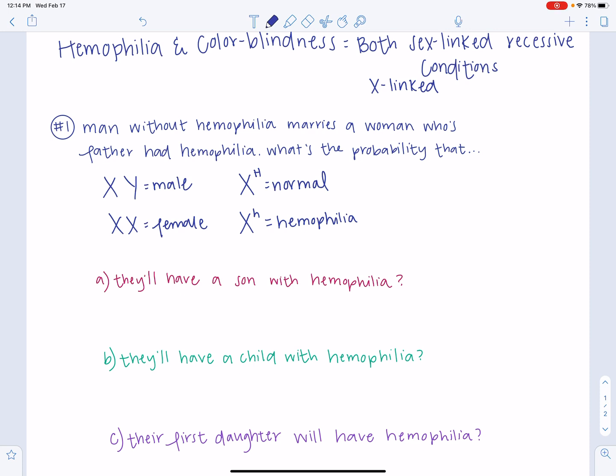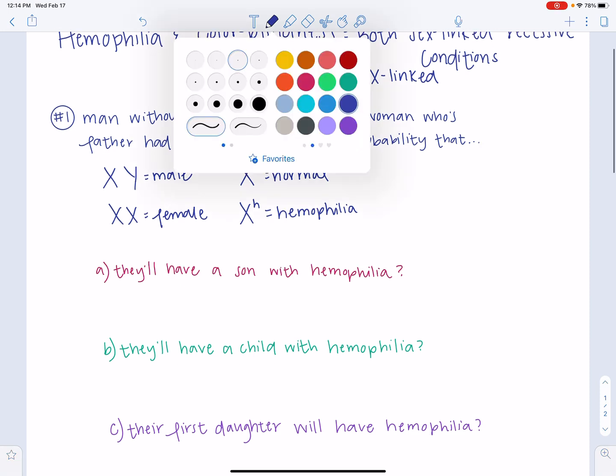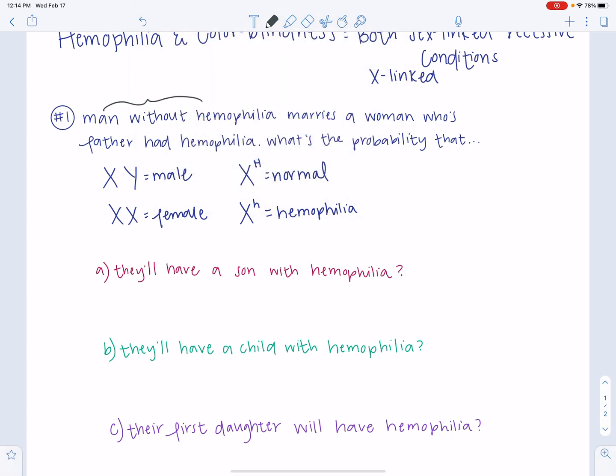In this problem, we have a man without hemophilia, which tells us that his genotype is XY, and since he doesn't have hemophilia, he has that dominant H. Then a woman whose father had hemophilia; I should put that she is normal.